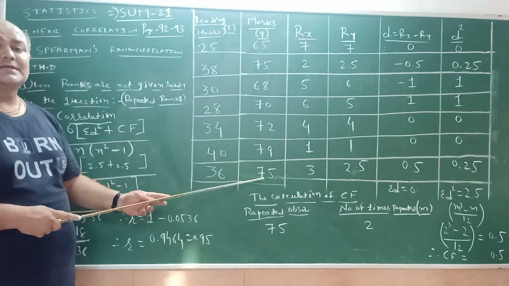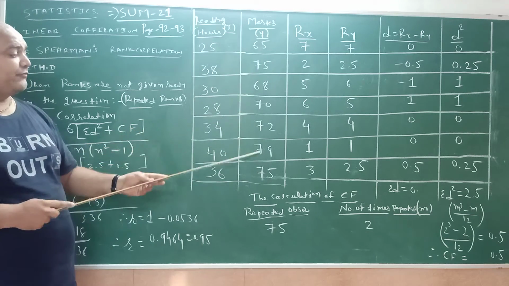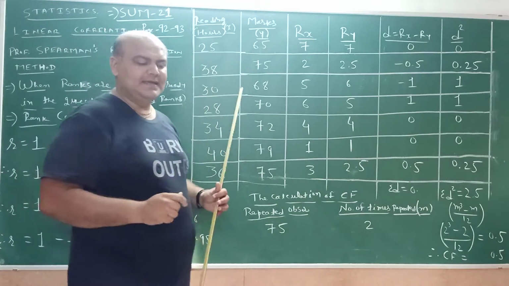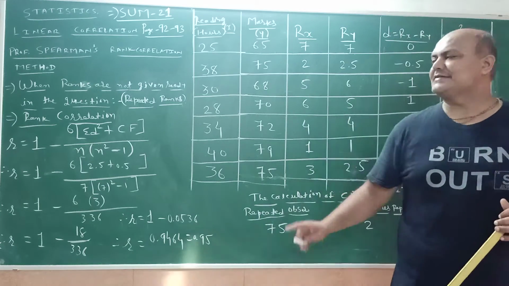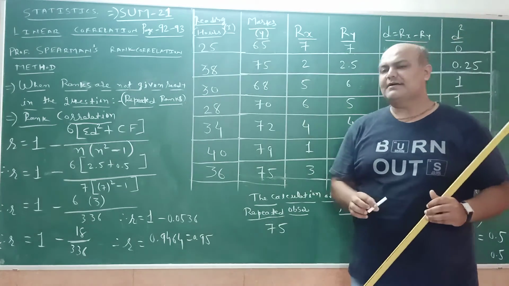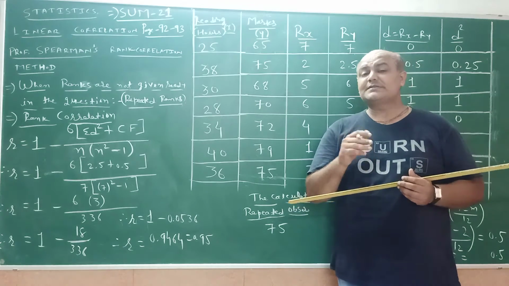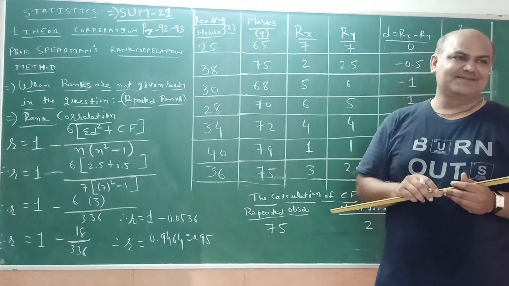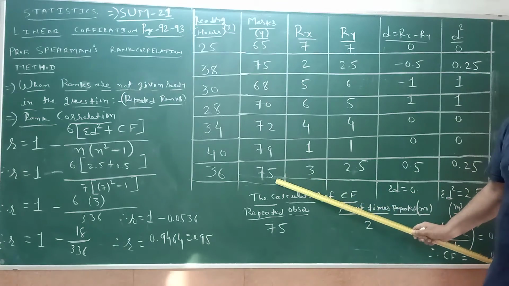But students clearly saw in the question that 75 is given 2 times, so there is a tie in 75. After 79, the next rank is second, but for the second rank there are 2 observations, 75 and 75.